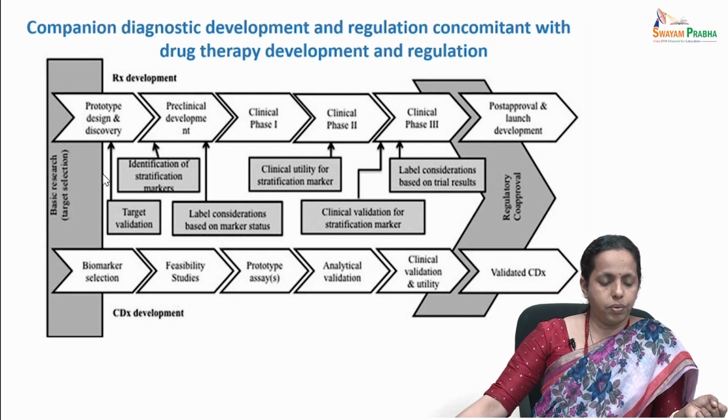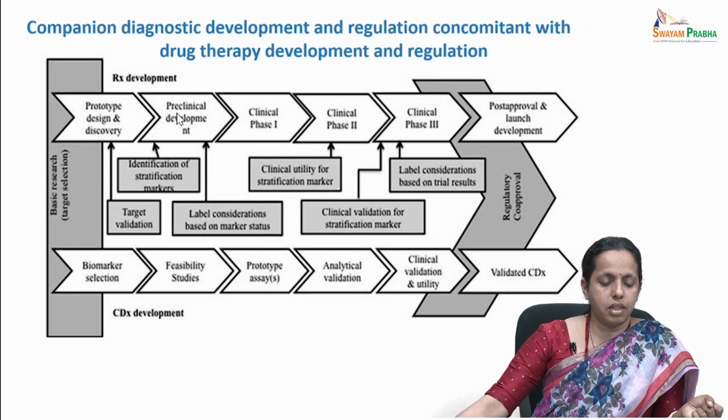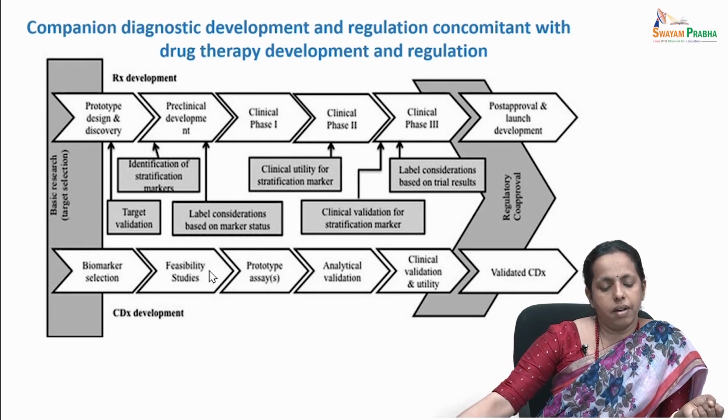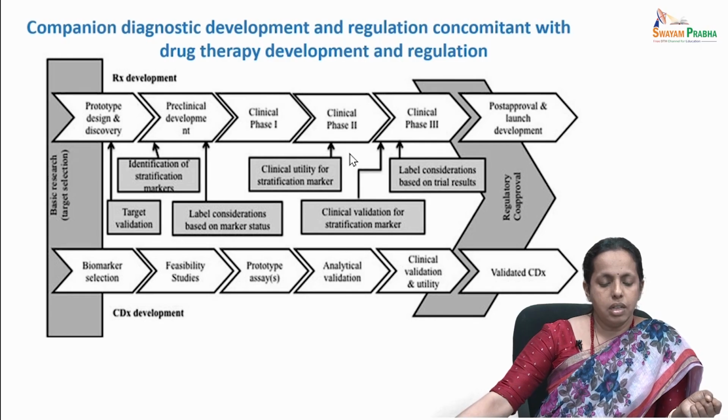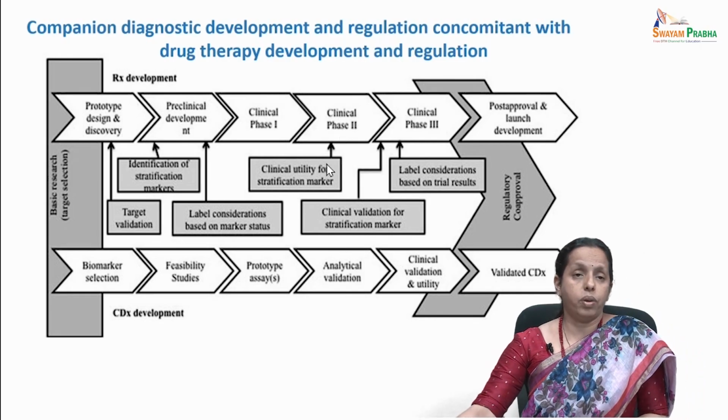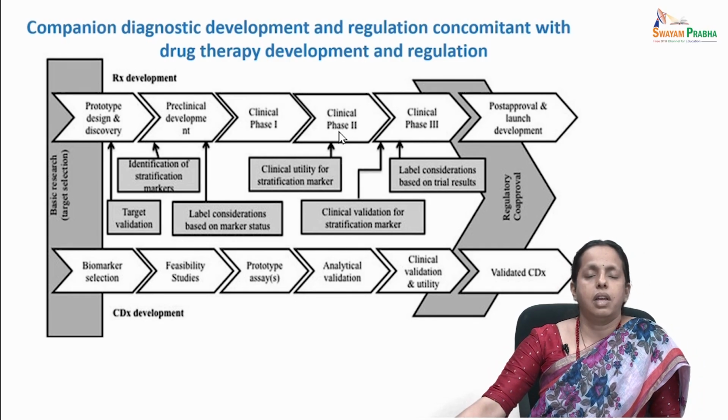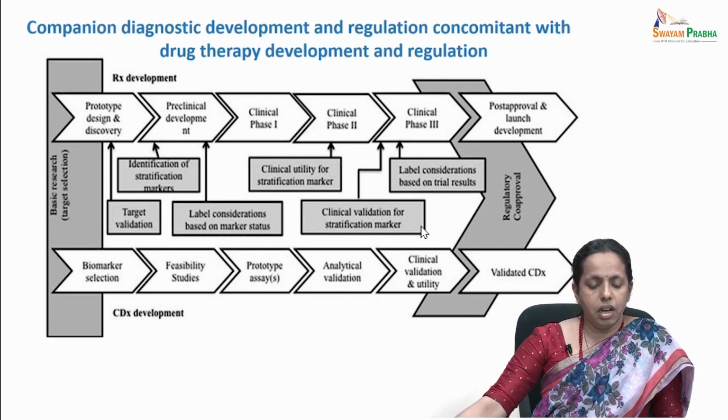So here you have target validation, and then identification and stratification of your markers. Then the label is considered based on your marker status. Then clinical utility for the stratification of your marker: suppose it is HER2 positive, how is it, or if it is negative? The clinical validation for the stratification marker again goes through phase 3.